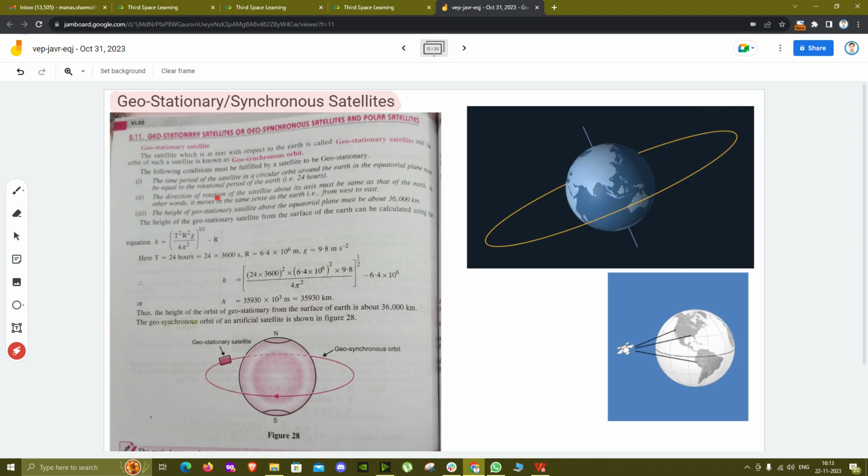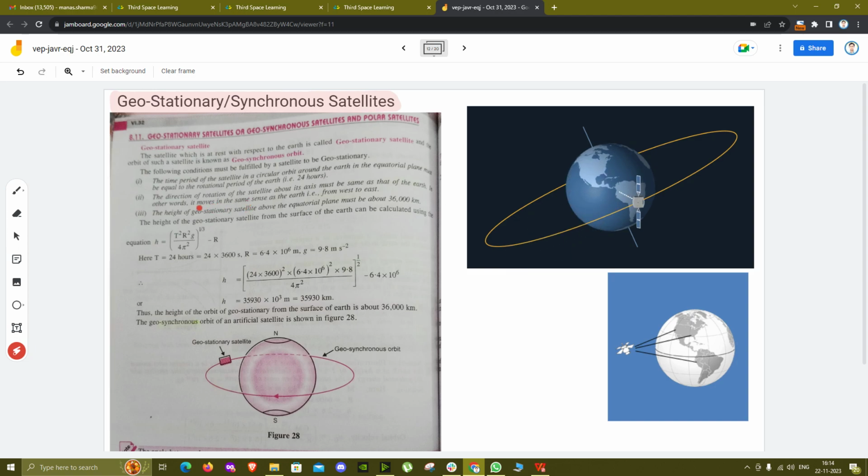And the direction of rotation, see, it's very important that the direction of rotation of the satellite about its axis must be the same as that of the Earth. Earth rotates about its axis from west to east, okay, anti-clockwise direction. As you can see here, it is rotating in anti-clockwise direction. That means the satellite must also rotate in anti-clockwise direction with the same time period.